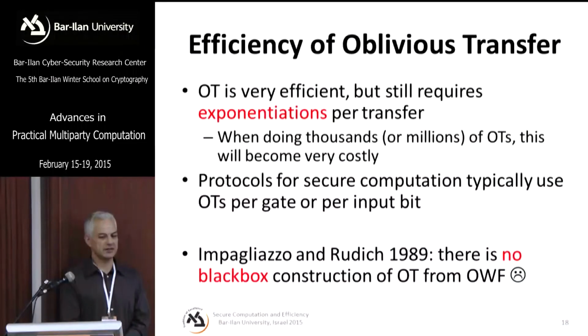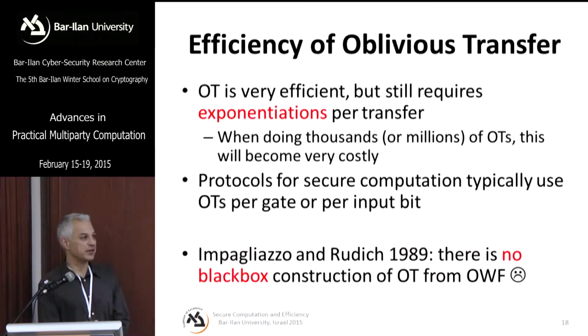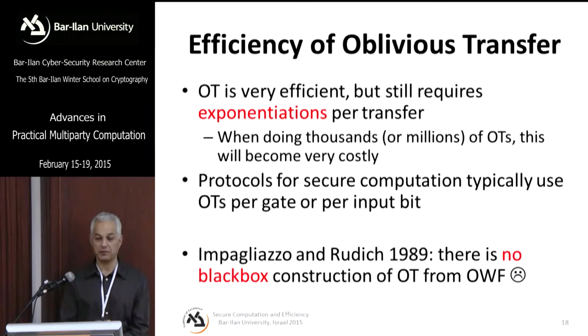Now, how efficient is oblivious transfer? Oblivious transfer is quite efficient, but it requires some exponentiations per transfer. And we can only do, say, I'm inventing a number, but it's about the right number, 1,000 exponentiations per second. If you want to do thousands or millions of oblivious transfers, this becomes quite inefficient.